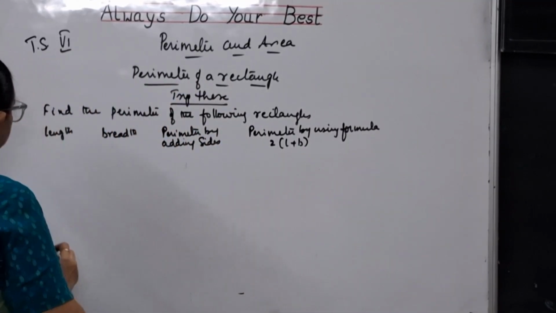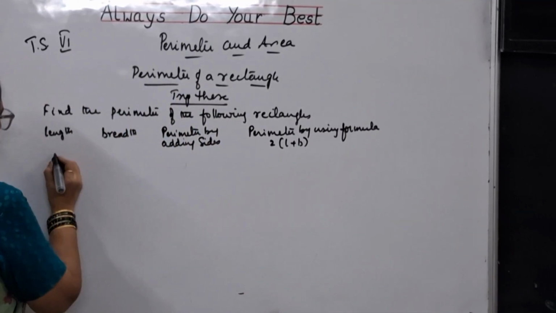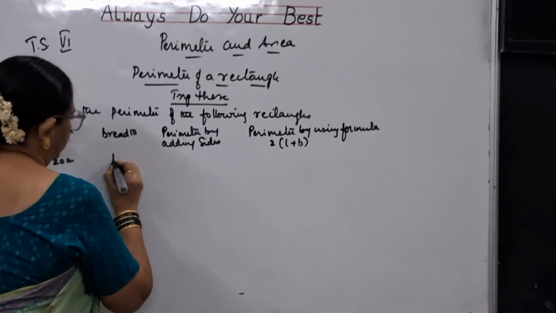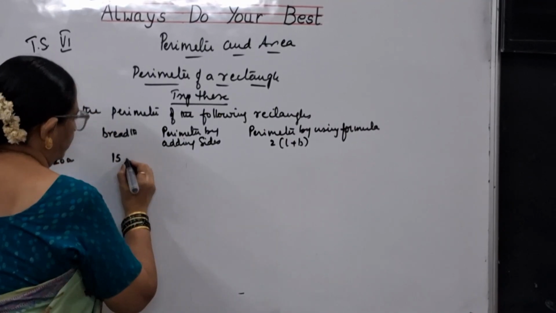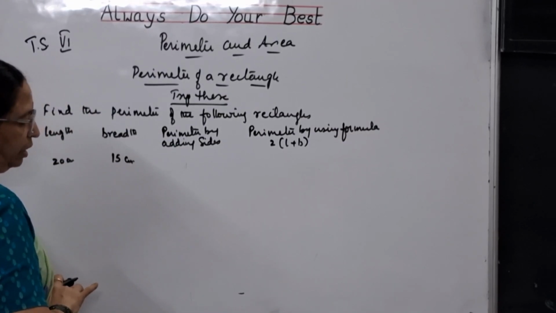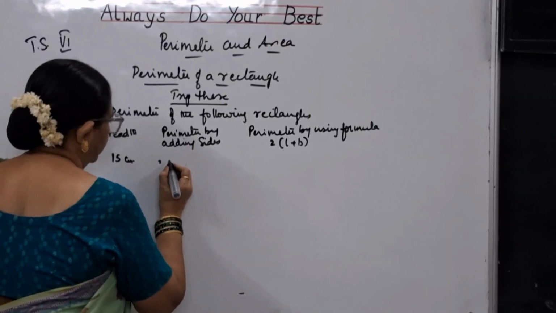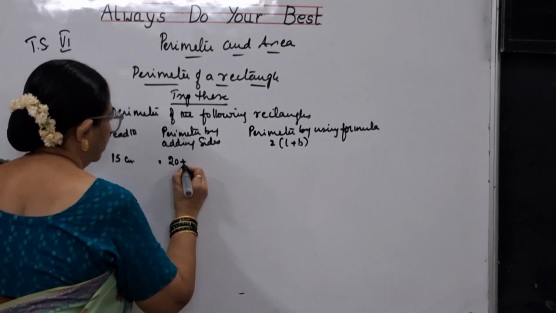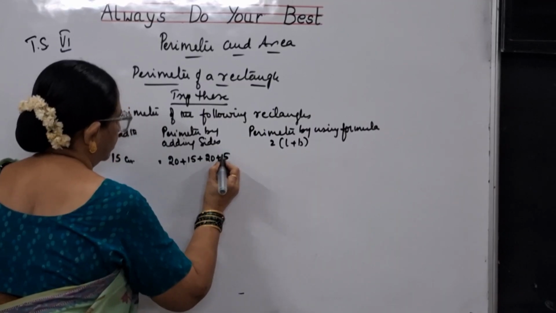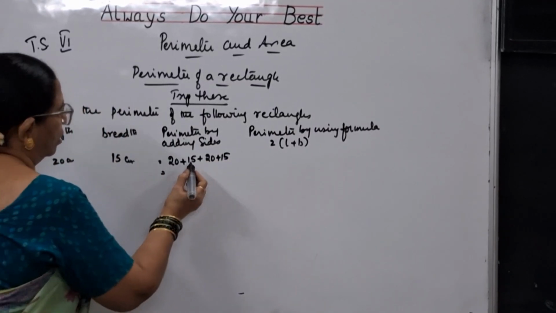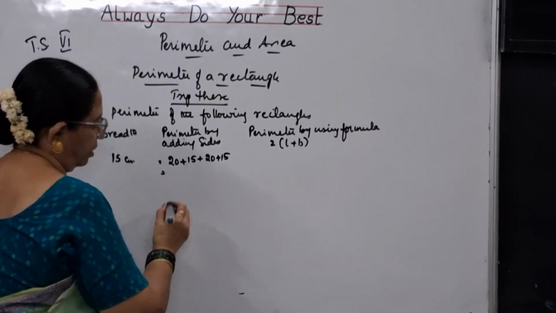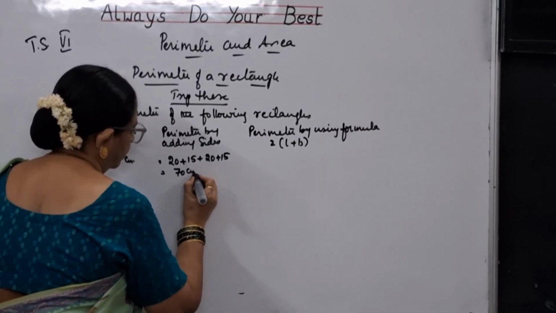So let us see the first one. Length is 20 centimeters, width is 15 centimeters. So perimeter is nothing but length plus breadth plus length plus breadth, all the sides. This is 20, 20, 40; 15, 15, 30; 40 plus 30, 70 centimeters.